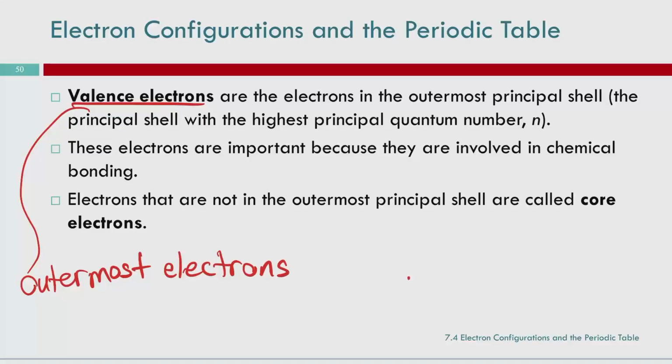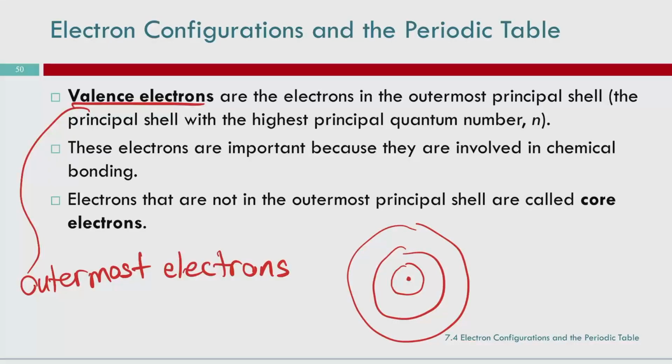So if we remember back to our Bohr model, where we had the orbits, the tracks where the electrons travel on, our valence electrons are the ones that are on the outside track. On the highest n number track. Those are our valence electrons.